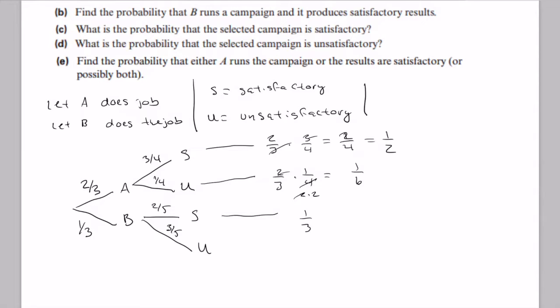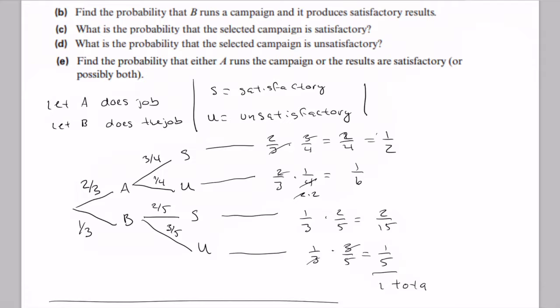This is 1/3 times 2 over 5, that's going to give me 2 out of 15. And lastly, 1/3 times 3/5 equals 1/5. If we add all this up, this is going to be 1 total. So we're good. We're finally ready to answer the questions. A.